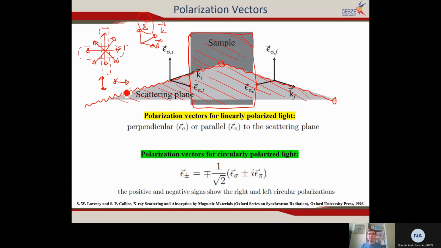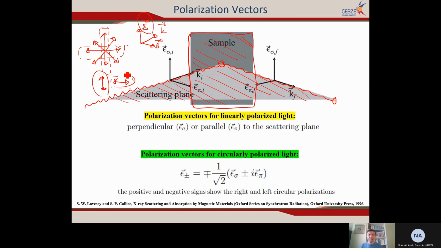So you only allow this component of the electric field. This is vertically linearly polarized light. This is horizontally linearly polarized light. In case of circular polarization, you have both vertical and horizontal components of the electric field. I will talk about here.